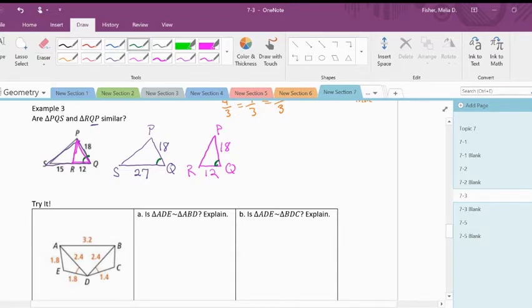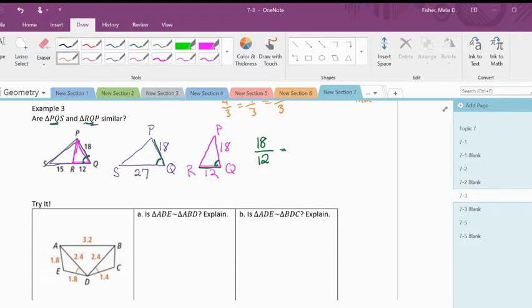We see that PQ, according to this triangle, should match up with RQ. So those should correspond. So let's put PQ, which is 18, over RQ, which is 12.